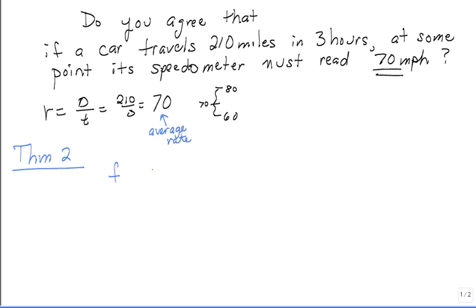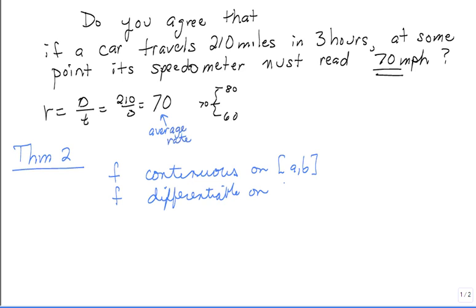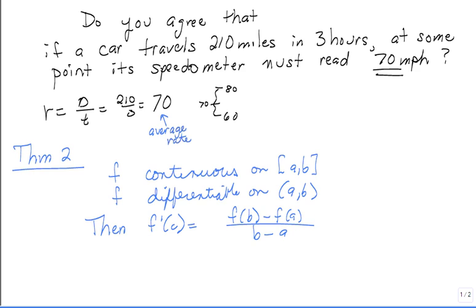Theorem 2: f has to be continuous on a closed interval AB, and differentiable on an open interval AB, then the derivative at some point is going to have to equal the average.